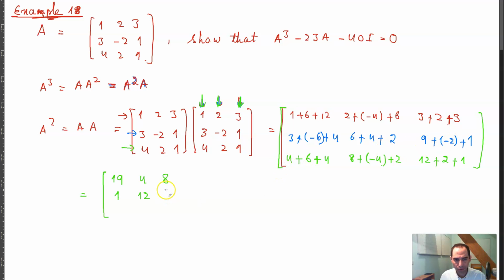And 10 minus 2 is equal to 8. 8 plus 6 is equal to 14. 10 minus 4 is equal to 6. And 14, 15. So this is A squared: 19, 4, 8, 1, 12, 8, 14, 6, 15.